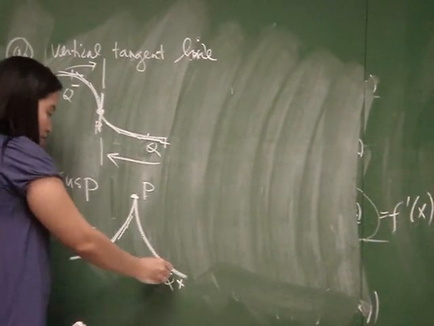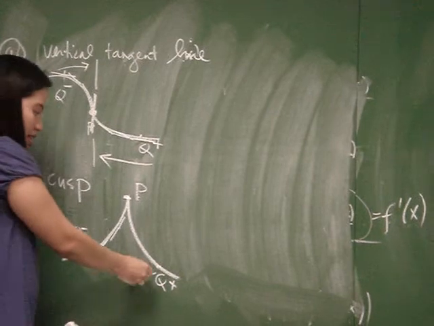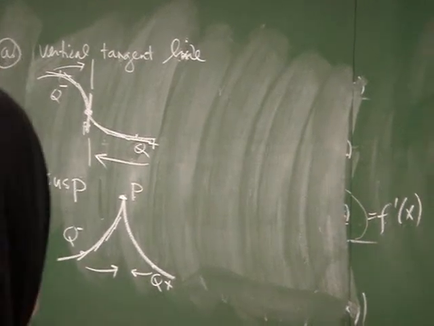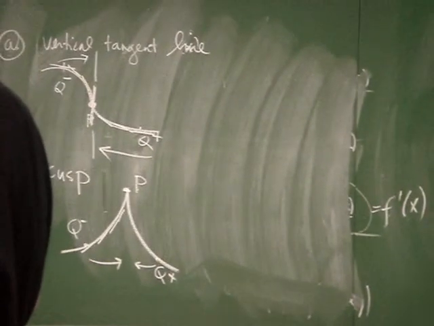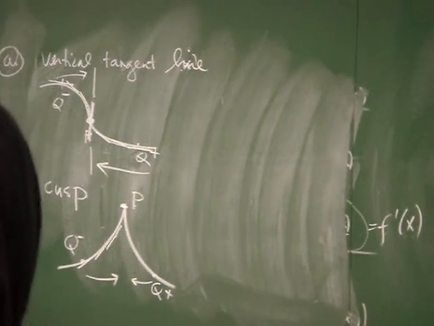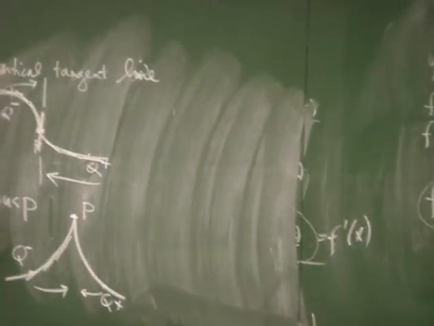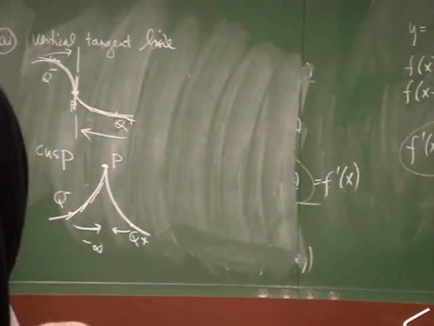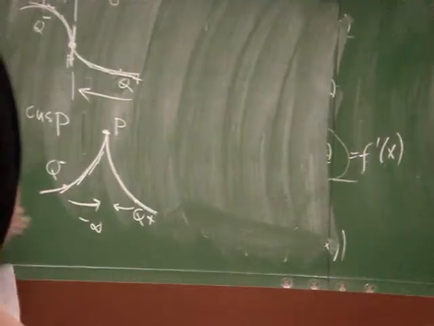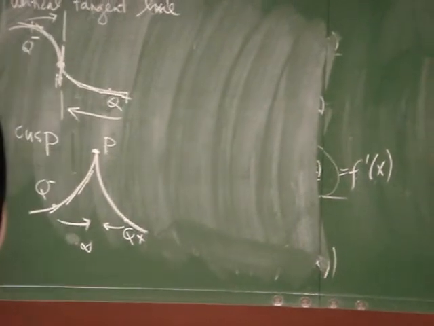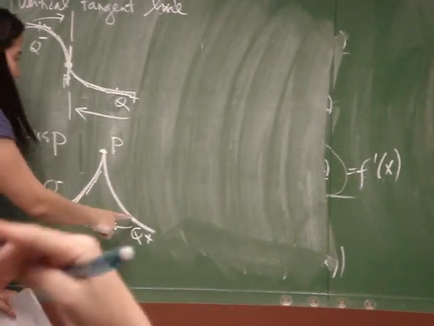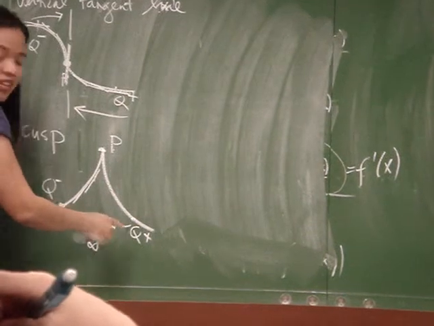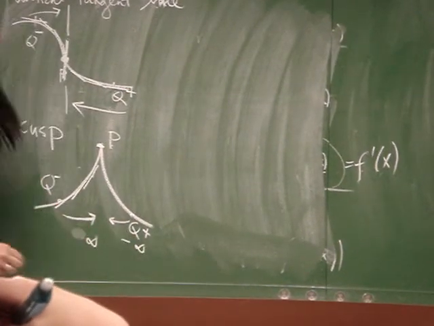It decreases, also moving in this direction. So what happens? From one side, it approaches what? From this side, it approaches negative infinity. Positive infinity. For this one, it approaches what? Negative.